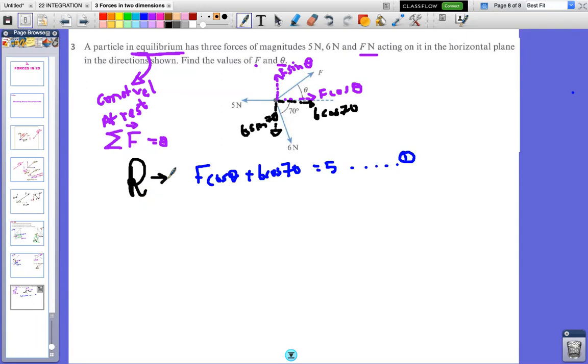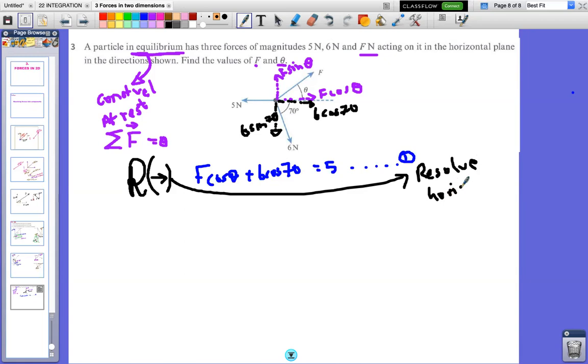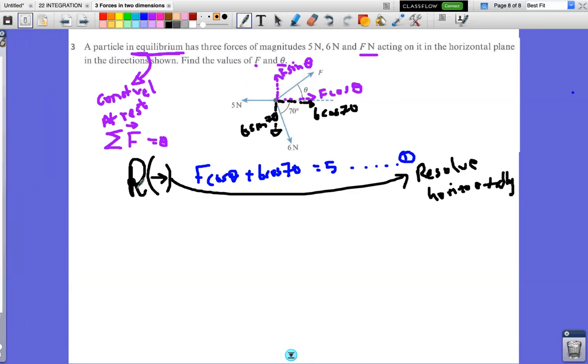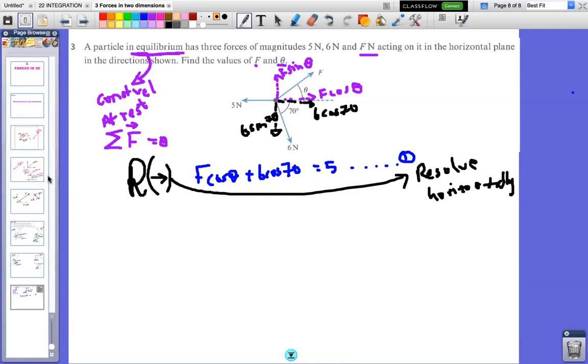This statement here means resolve horizontally. In other words, it means apply Newton's second law horizontally.